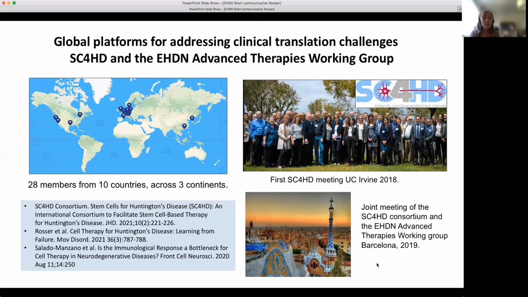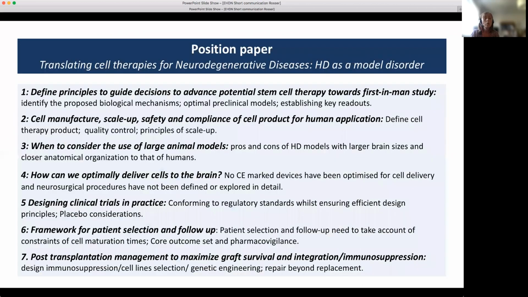Much of the last couple of years have been devoted to thinking and publishing on various aspects of the clinical pathway, with a major focus being to produce a position paper that has identified 7 key areas that need to be addressed in order to optimise clinical translation of cell therapies in Huntington's disease.